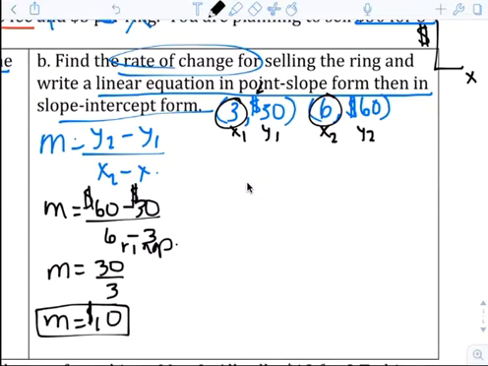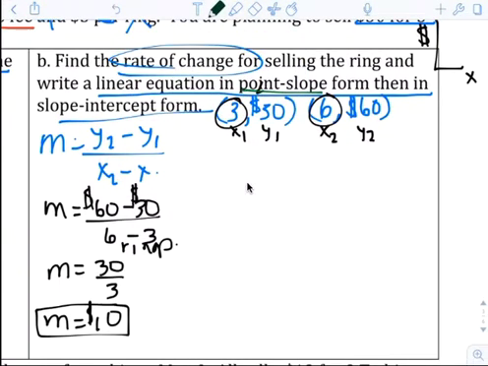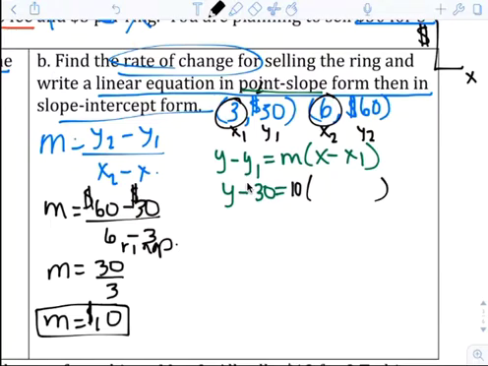So box that. And then write a linear equation in point-slope form and slope-intercept form. Point-slope form is y minus y1 equals m times parentheses x minus x1. There's the point and there's the slope. Y minus y1, which is 30, rate of change is 10, and then x minus x1, which is 3.